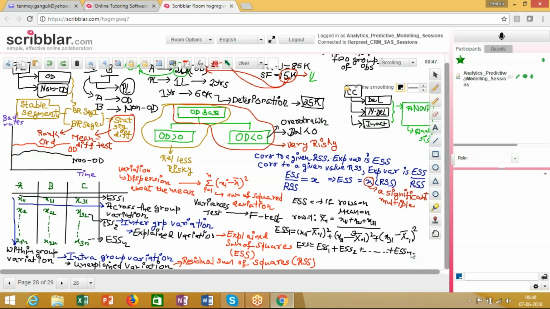Similarly, the residual sum of squares will also be computed, right?